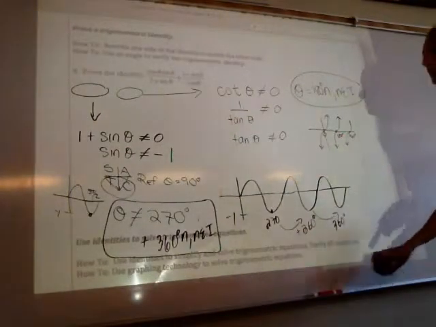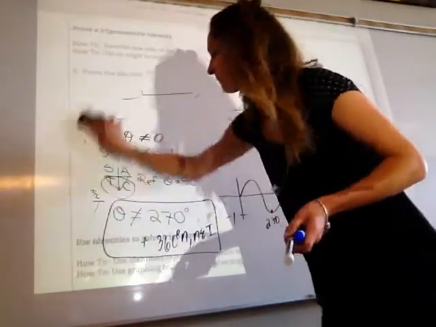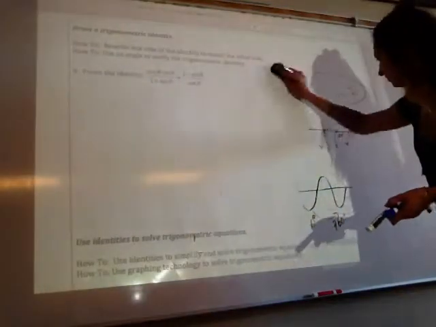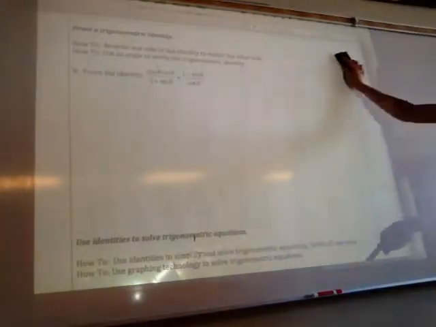Then we get to proving identities. Okay, so on to the next question, number 9. This isn't the question I wanted to do with you guys, so if you could just cross it out.